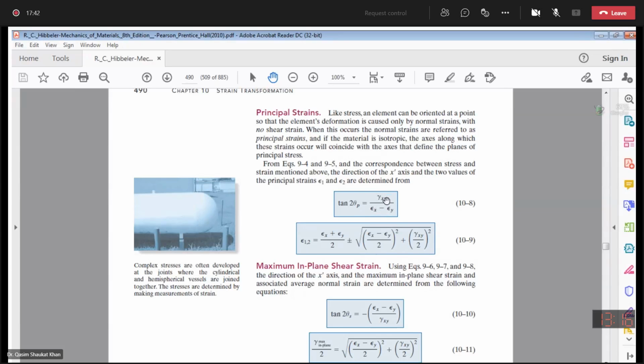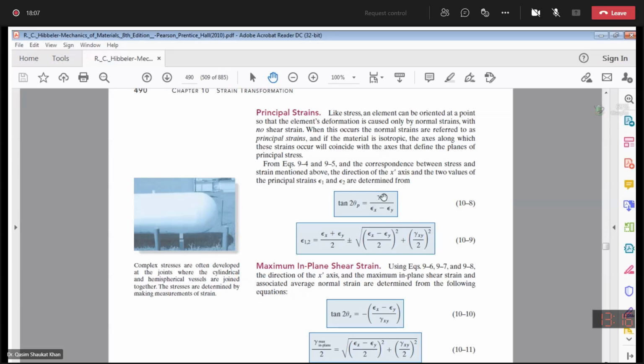As I have said earlier, the shear stress tau xy will produce the shear strain gamma xy over 2. In your stress transformation equation, in the numerator it was 2 times tau xy. So that's why you have gamma xy over 2 into 2, so you will get gamma xy.